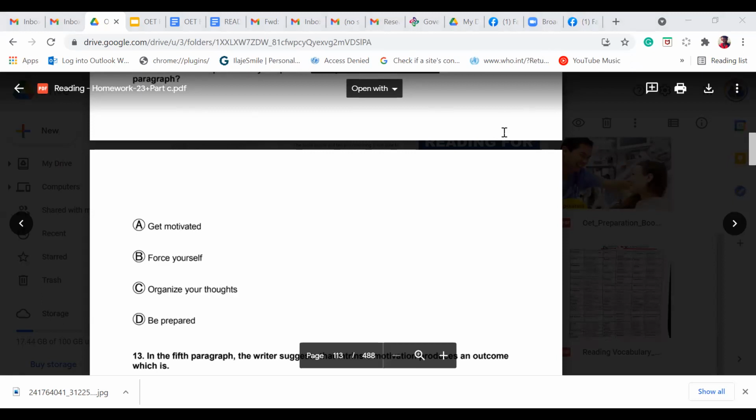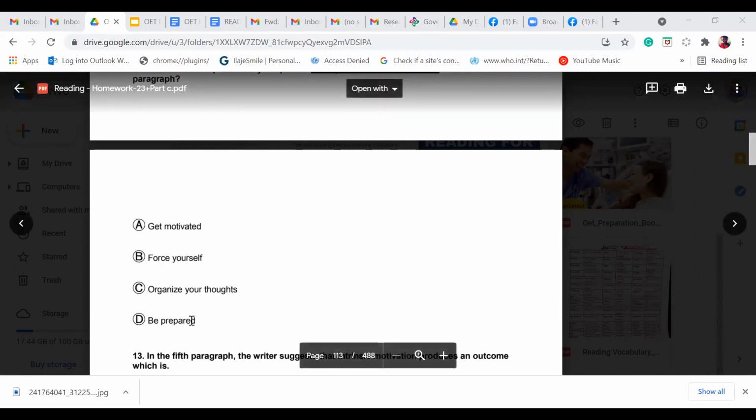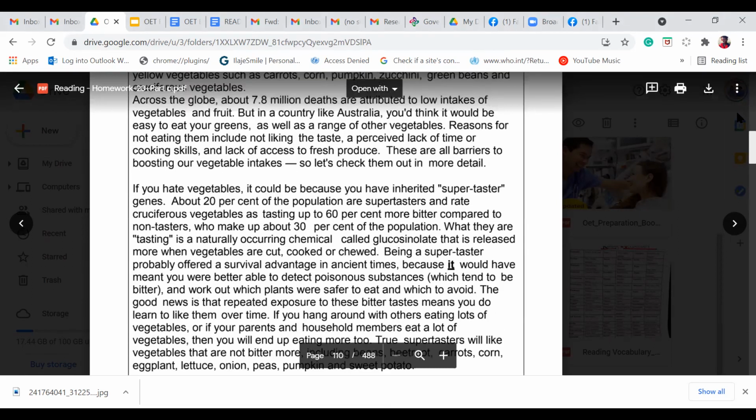Now, remember that we said we're going to eliminate options and see which one best fits. That's what the instruction is. Get motivated? No. Force yourself? No. Organize your thoughts? Are we talking about thoughts? If you go back to that test, it wasn't talking about thoughts. Even though organized looks right, it wasn't talking about thoughts. Everything was about you preparing ahead. He said in advance.